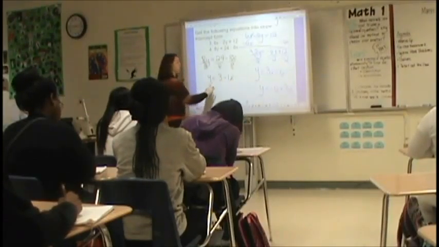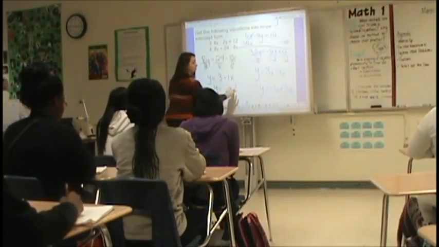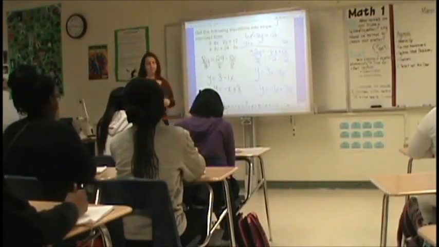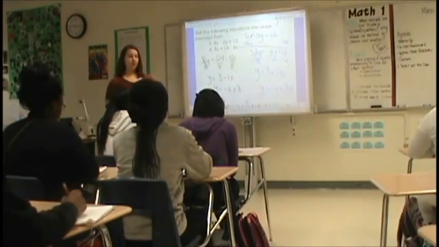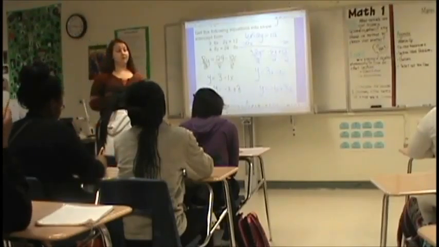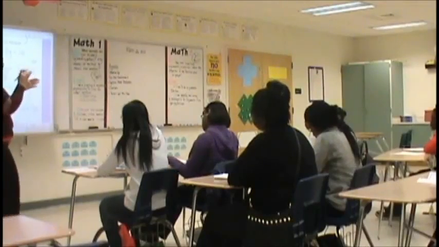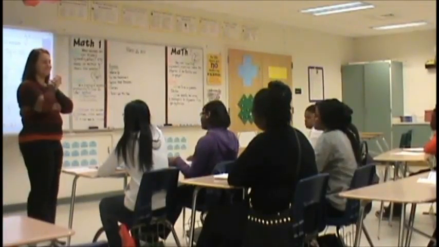What's another way I could write it? Y equals negative x plus 3. If they're both in slope-intercept form, what method do we use? Substitution.